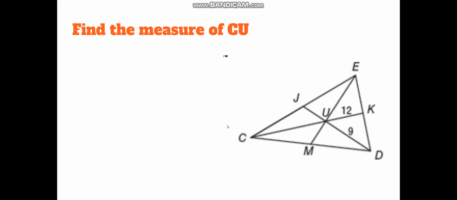We've been given this triangle CDE, where U is our centroid. We've been given some lengths, and we're going to find our other distances. Okay, so to find CU, we already know that UK is 12. And we know that the relationship that CU has with UK is that CU is twice UK.